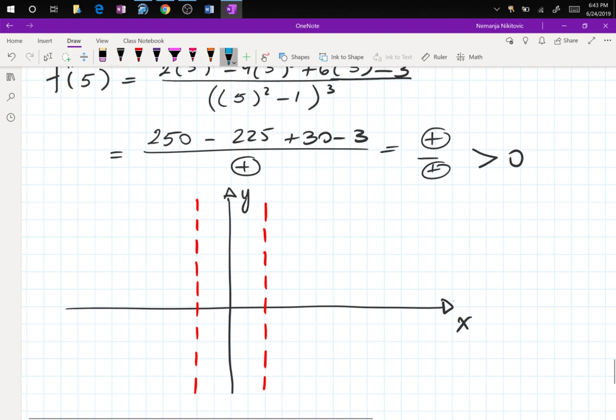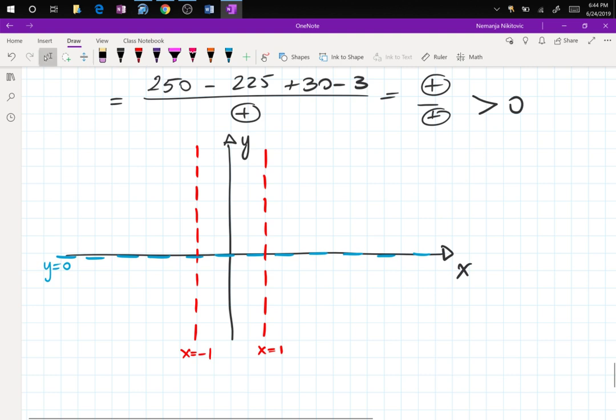I have a horizontal asymptote at 0. So that's my y equals 0. And the red ones are x minus negative 1 and x is positive 1. Vertical asymptotes.